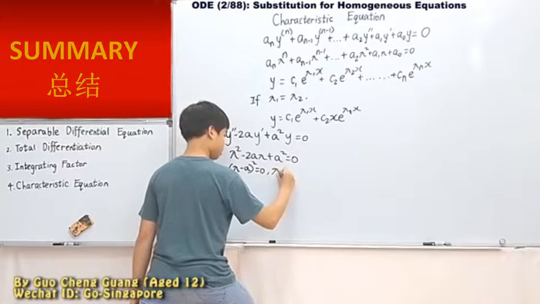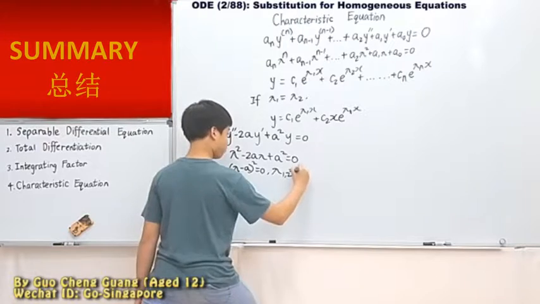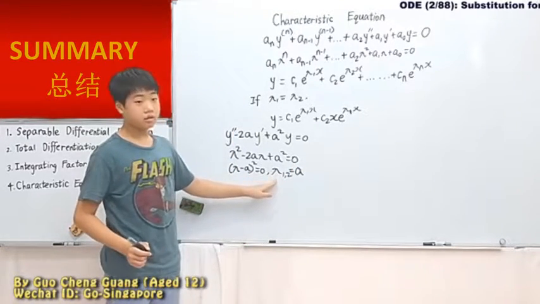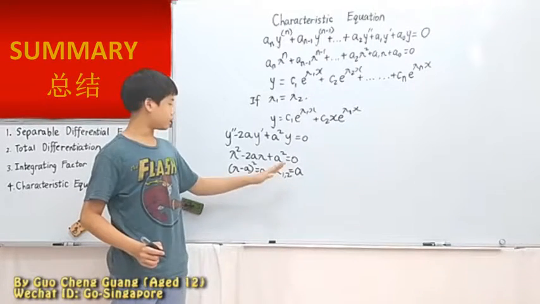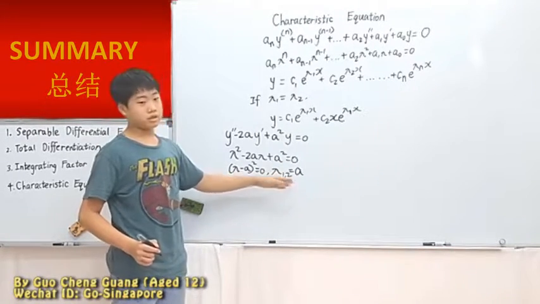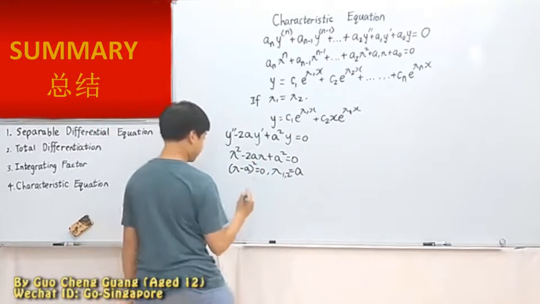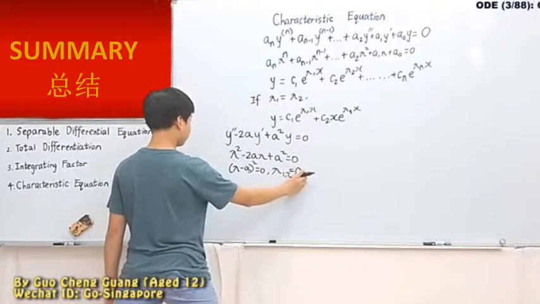That means these two roots of lambda would be a. So you can say that this root has a multiplicity of 2. Or if it is just 2, you can say double roots. But you can use multiplicity.